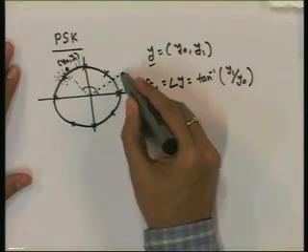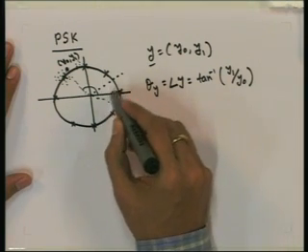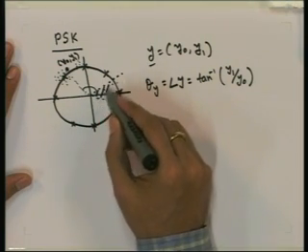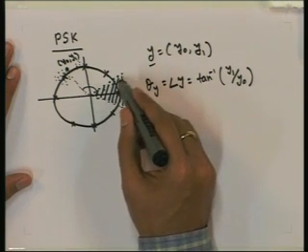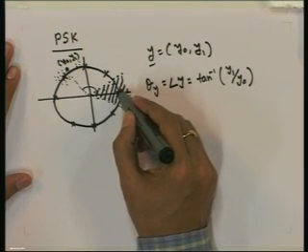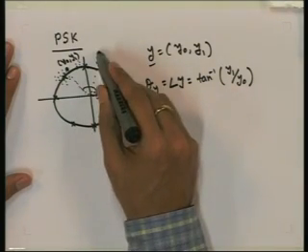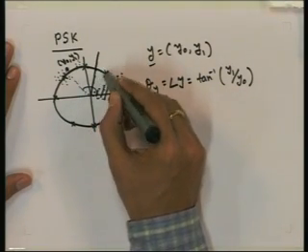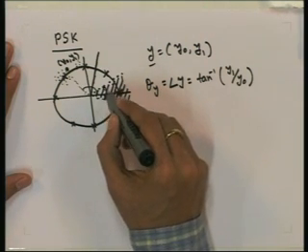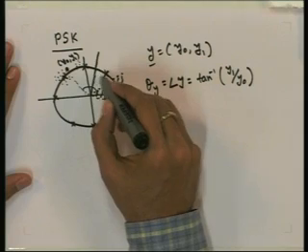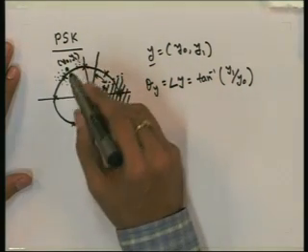If the phase is in this range, it is this point, because for all these points in this interval, this is the nearest point. So, it depends on the phase of the signal. If the phase of the signal is in this range, then it is this point. If the phase of the signal is in this range, then this is the nearest point, and so on.